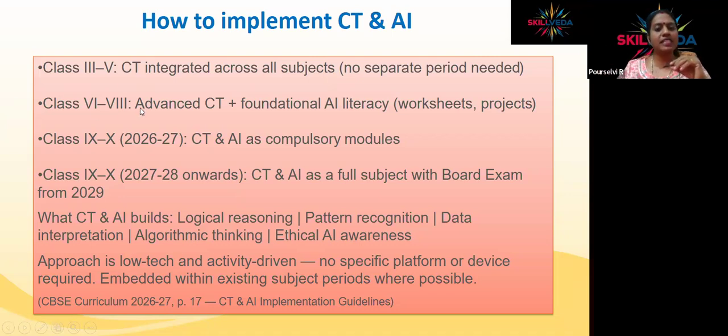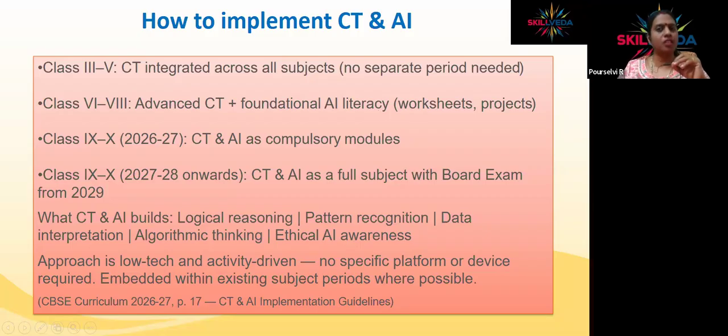And for 6, 7, 8, the syllabus is again divided into part 1 and part 2. For 6 to 8, it is CT plus AI. So it is not normal CT; it is advanced computational thinking and foundational AI literacy.